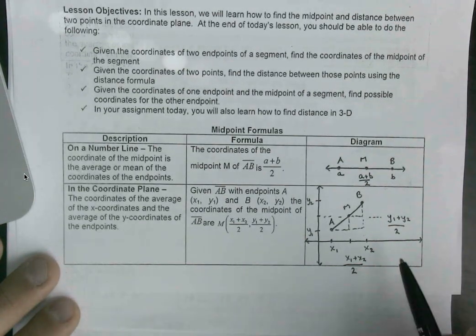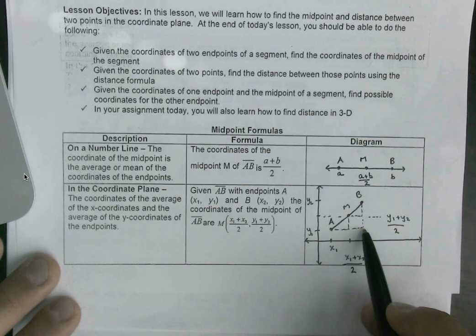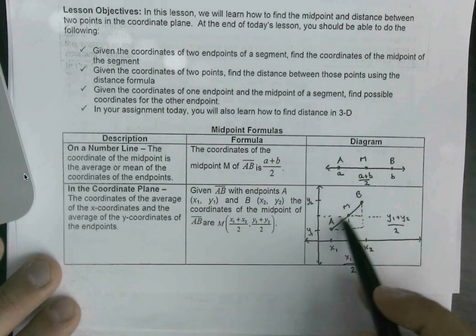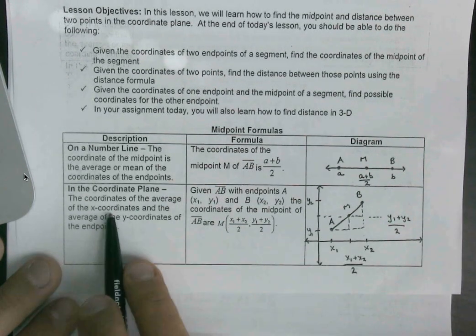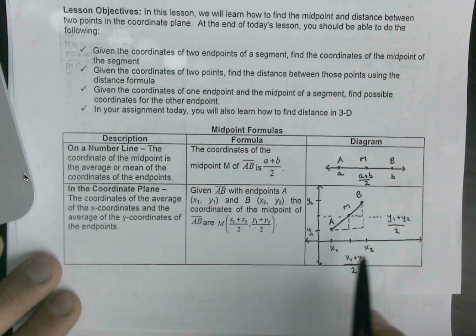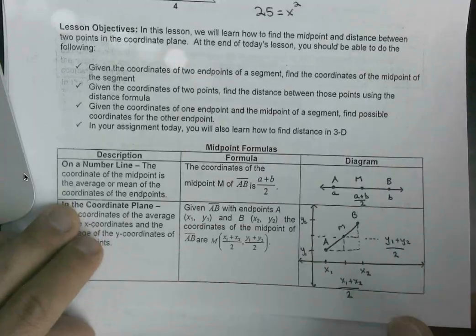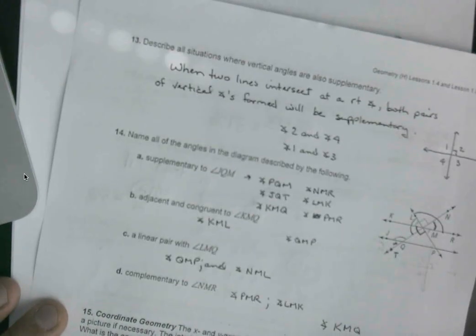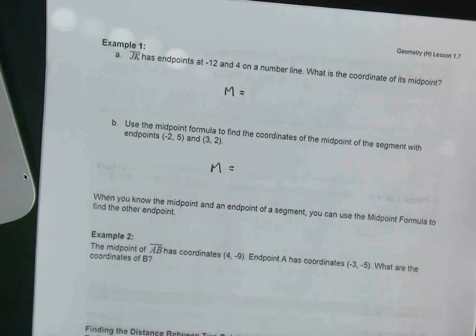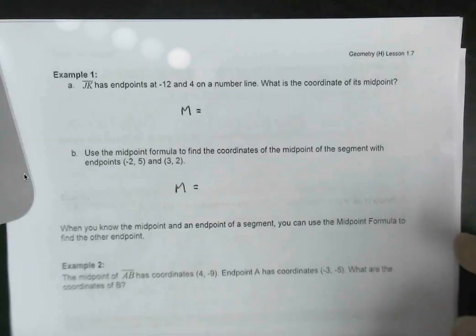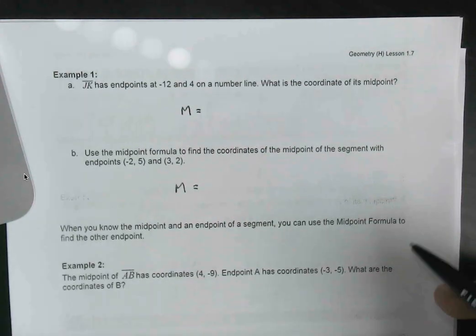We can also do the same idea if we are working for the midpoint on a coordinate plane, where we take the averages of the x coordinates and the y coordinates, and that gets us smack dab in the middle. And so we'll see 2 examples that show what's going on here. So if JK has endpoints of -12 and 4 on a number line, what's the coordinate of the midpoint?